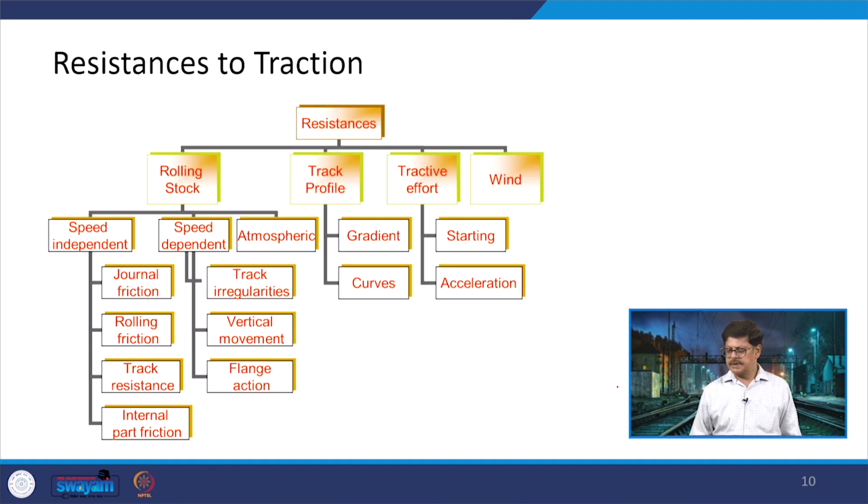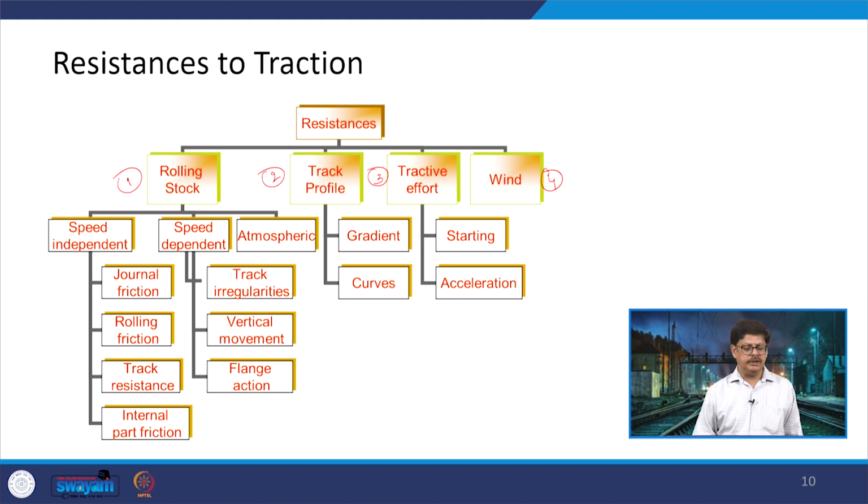Now, let us come to the resistances to the traction. These resistances to the traction can be classified as resistances due to rolling stock, resistances due to track profile, then due to the tractive effort, and finally due to wind. So, there are 4 types of resistances which can be there.